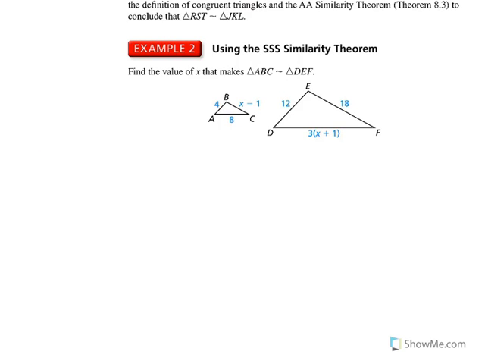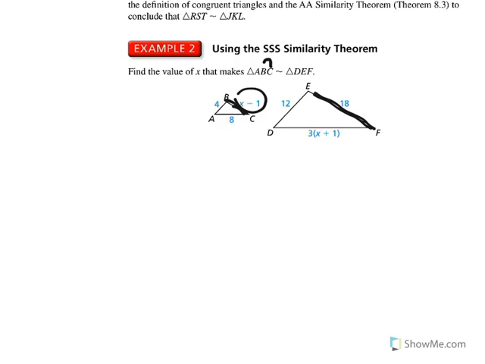Example 2 states that we need to find the value of x that makes triangle ABC similar to triangle DEF. So if we're trying to find the value of x, first we need to locate where my x values are. If we're looking at BC, we know that the corresponding side to it is EF. And you can also look at your similarity statement.